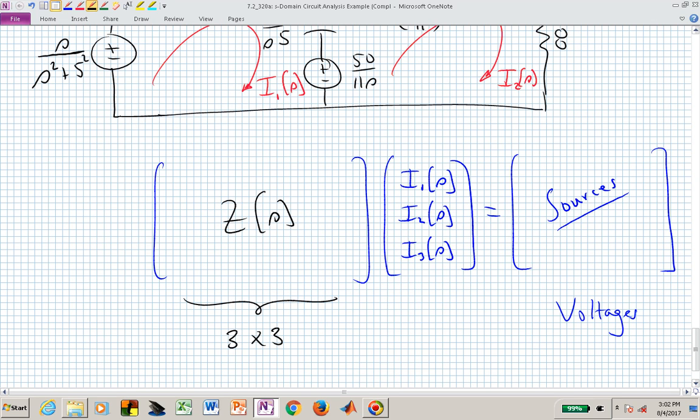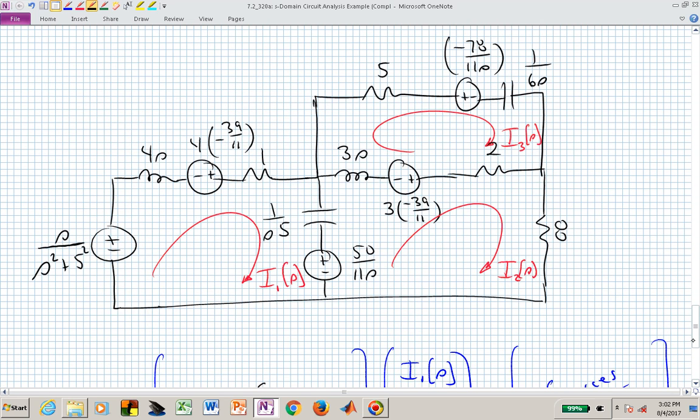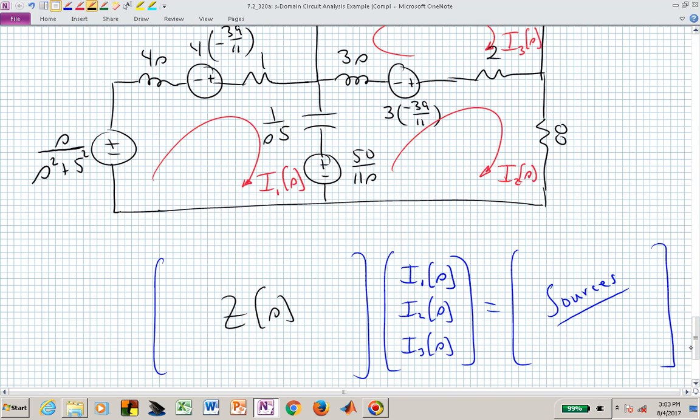And what we want to do now is solve this for some particular unknown, and I'm not sure what we even started out wanting to know, but let's say that we wanted to solve for the second mesh current in this particular example.